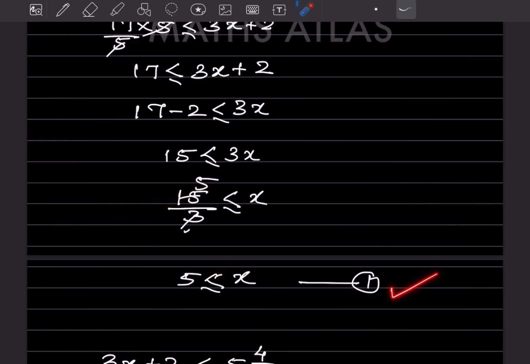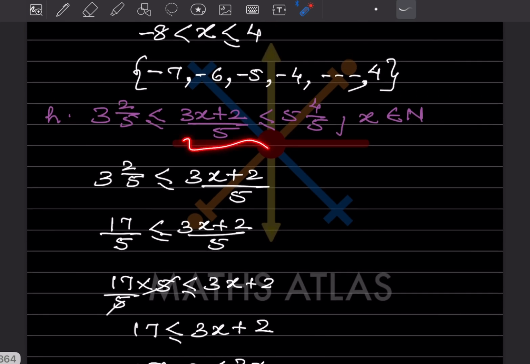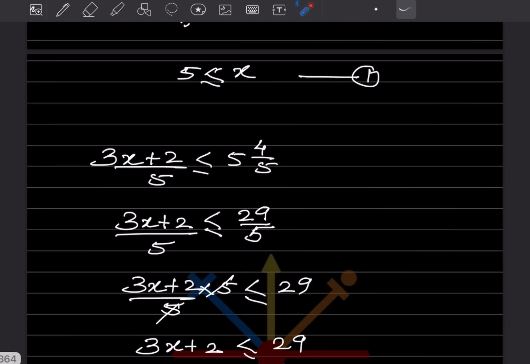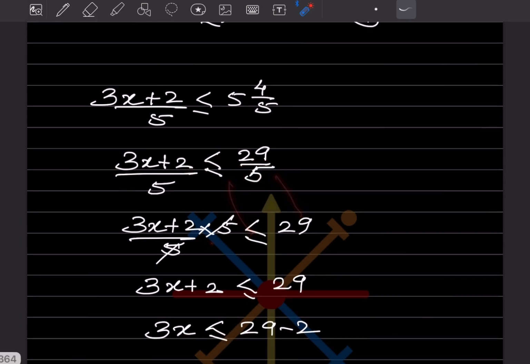So this will be equation number 1. Now if you are considering this and this part, here will be 25 plus 4, that will be 29 by 5. So this goes on the other side. This should be multiplied by 5, and this the same.